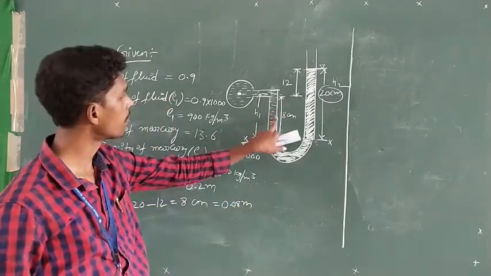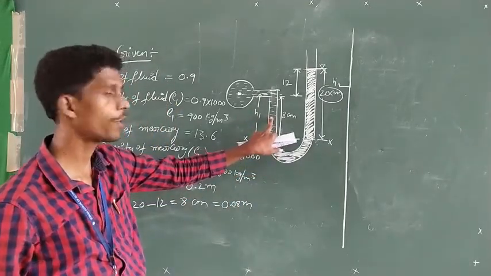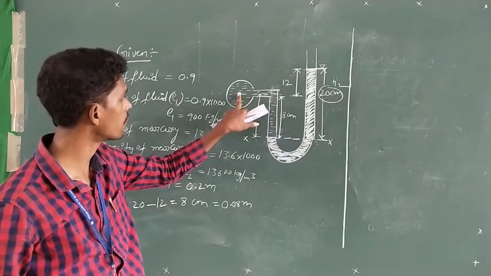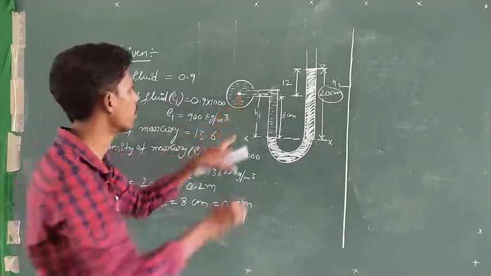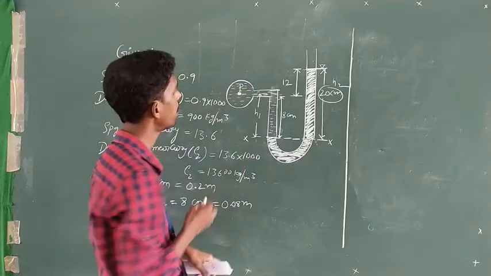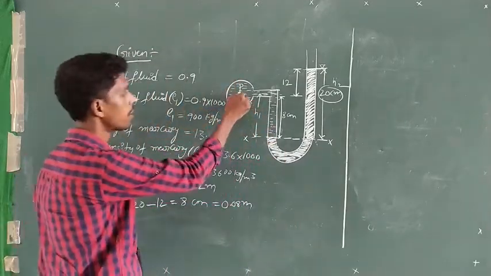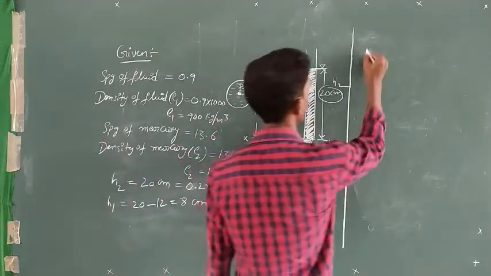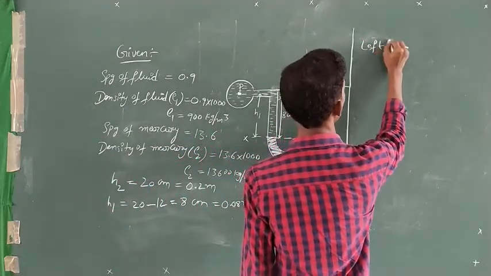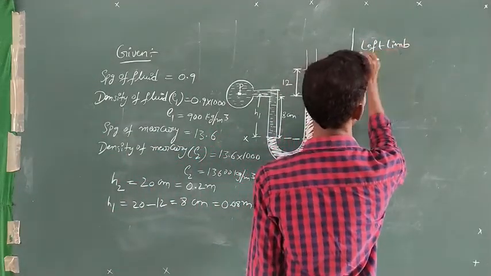So see the left limb, one of the fluid is there and that fluid is connected to this point. At this point we have to find out the pressure. So we don't know the value of this pressure at this point. So the pressure at this unknown value in the left limb I am calculating.